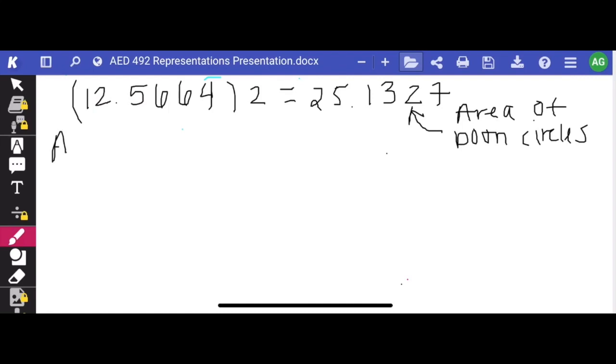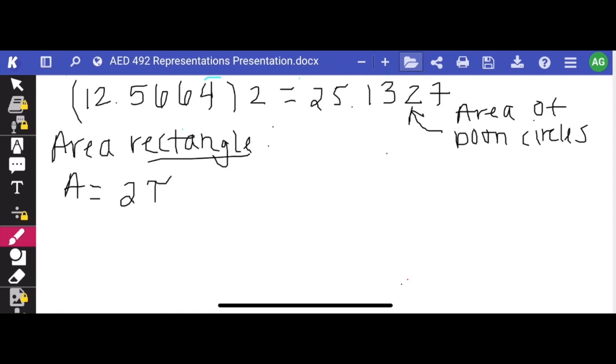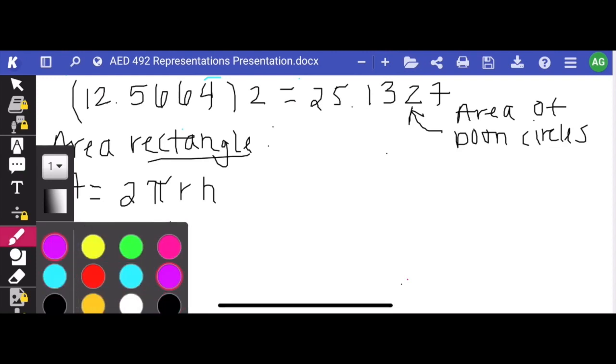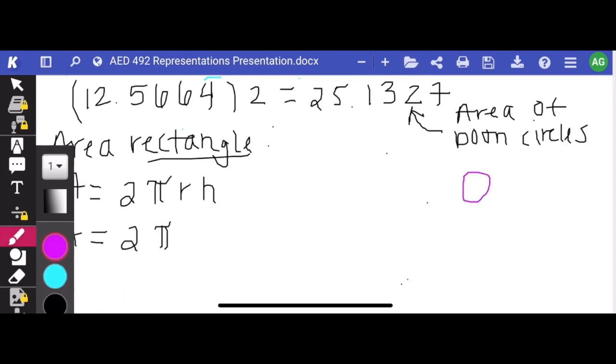Next, we're going to find the area of a rectangle, which is the middle curved surface of the cylinder. And that'll be the area equals 2 pi times the radius times the height. So when we plug the values in, we'll get 2 pi times 2, which we discussed was the radius, and 7, which we saw was the height.